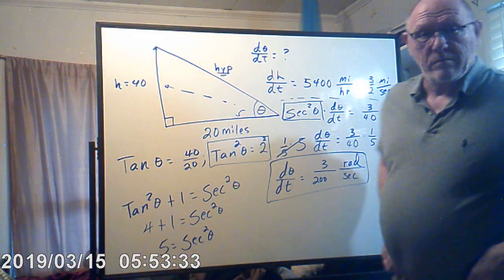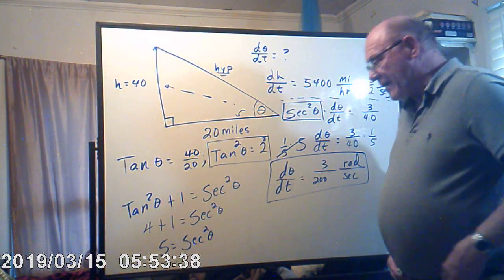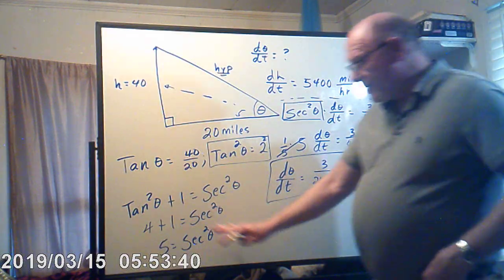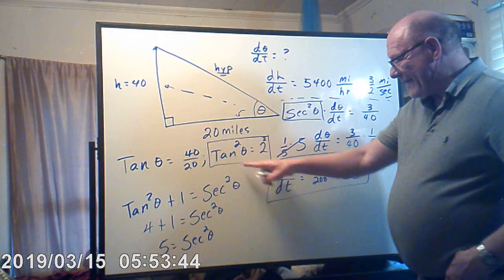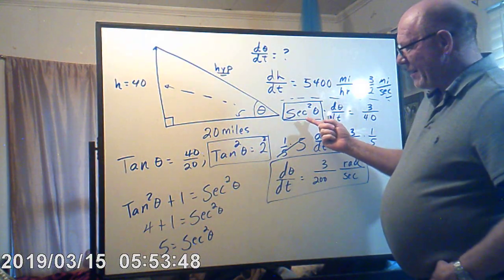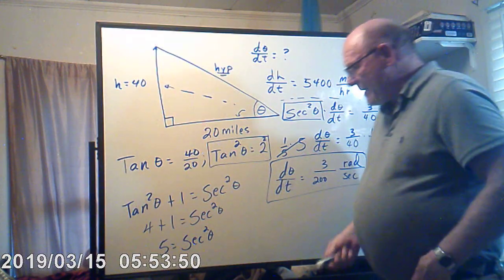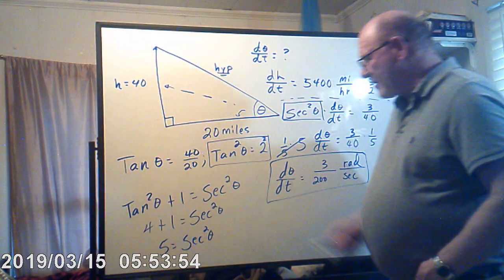Wow. And you know, I know I erased a lot of stuff here, and I know we had to use some other techniques to get this here, but we had secant squared, so it was only natural that we solve for secant squared if we could.